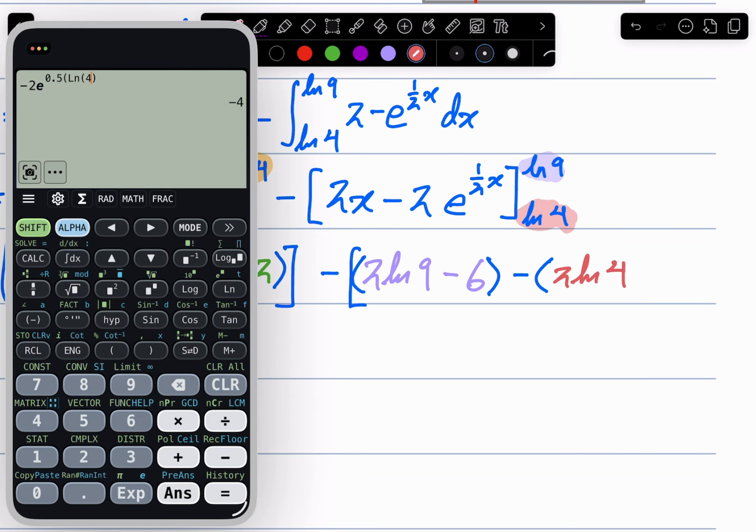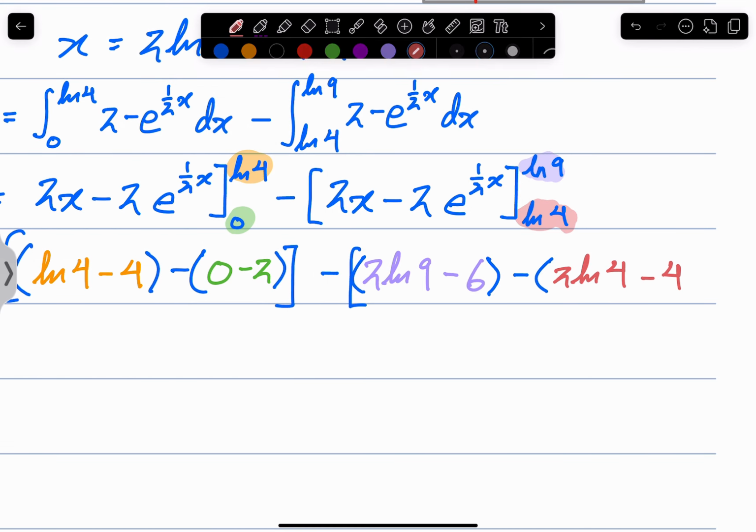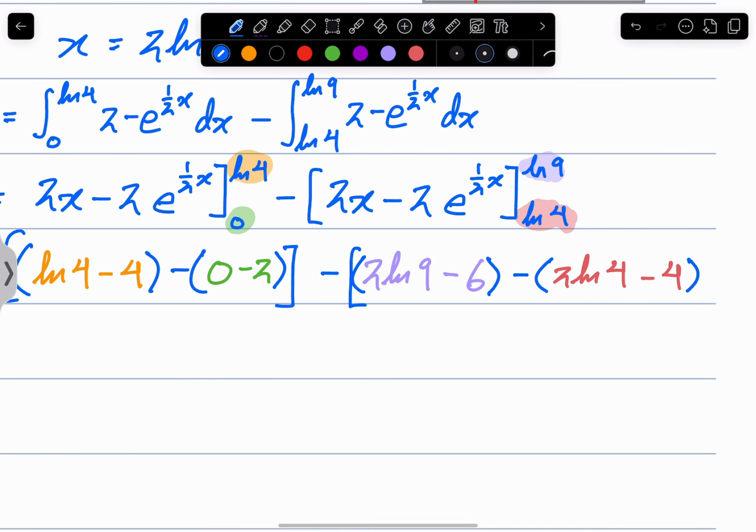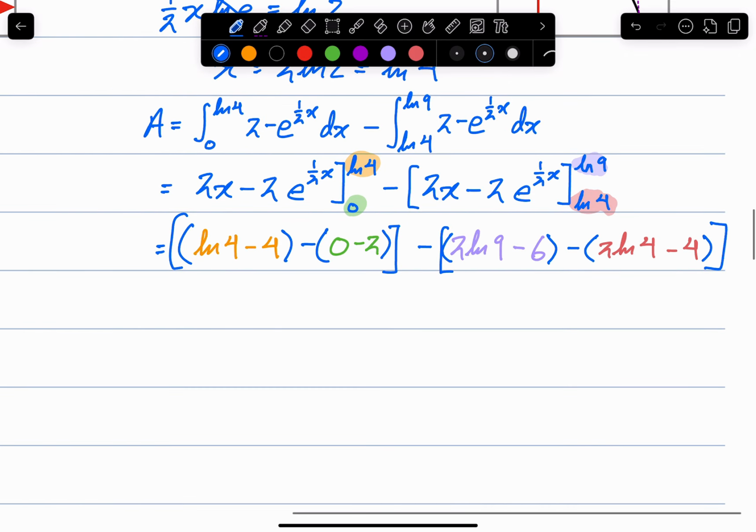Substituting ln4, I get minus 4, like this. Okay. Now I hope you see where we can get lost with all of these substitutions. So hence why I've color coded it here for you so you can follow, but just be super mindful when you do this on pen and paper.